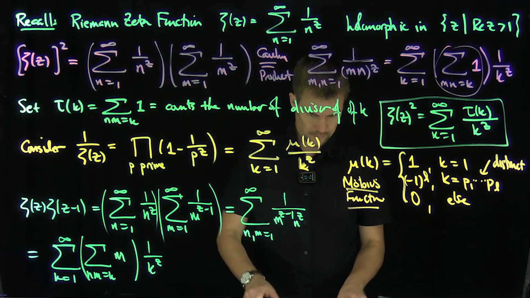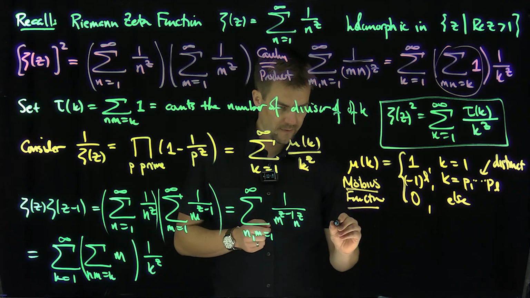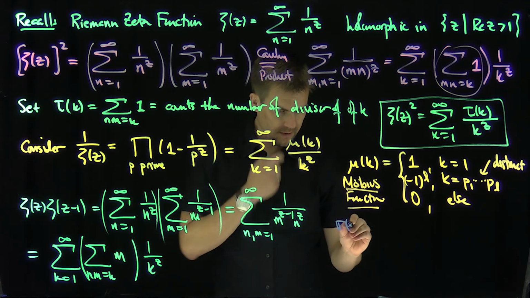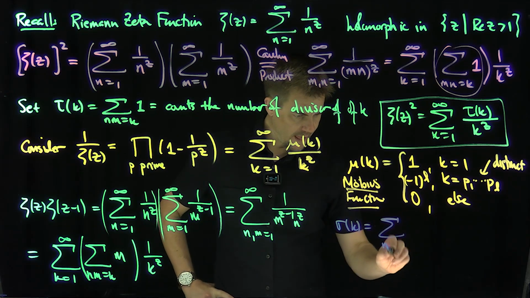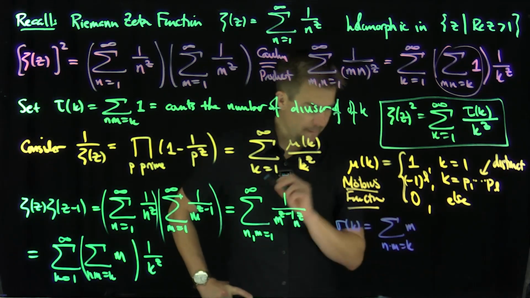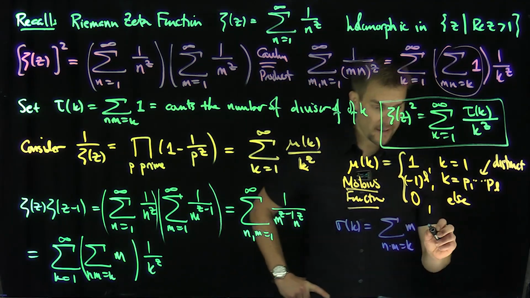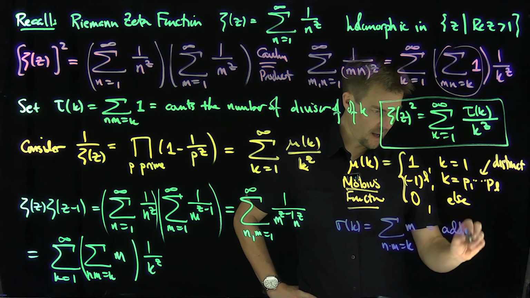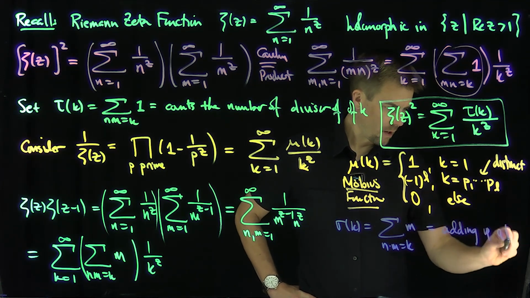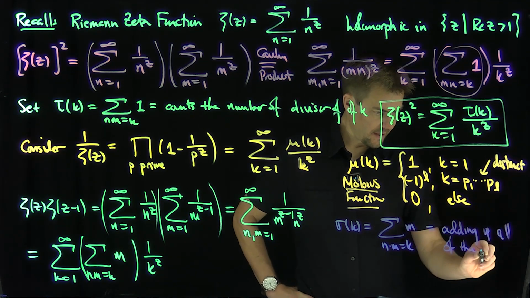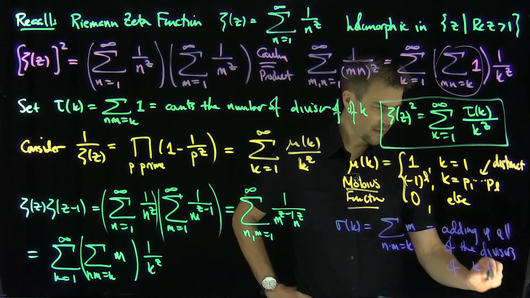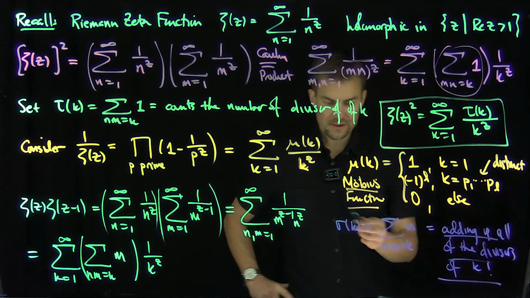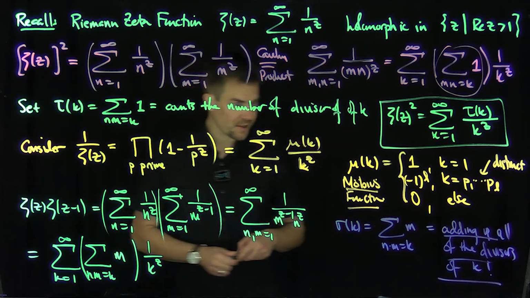So note, if we look at this sum, let's call it sigma k, which is the sum over all n times m equals k of just m. That's adding up all of the divisors of k. So this function, sigma k, adds up all the divisors of k.